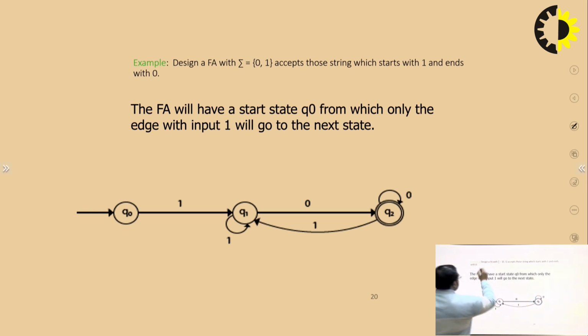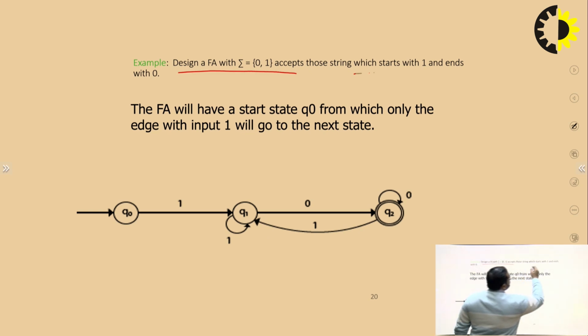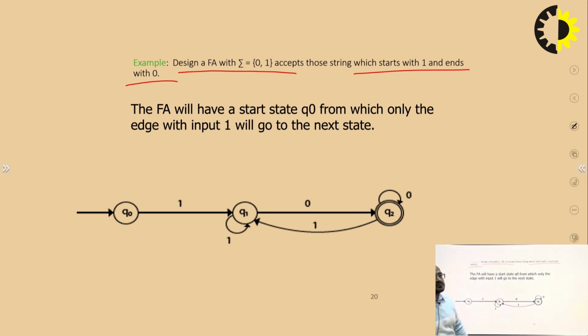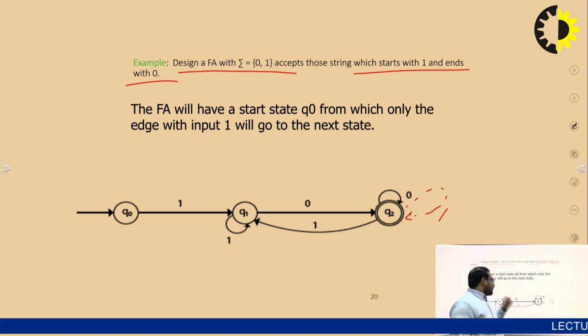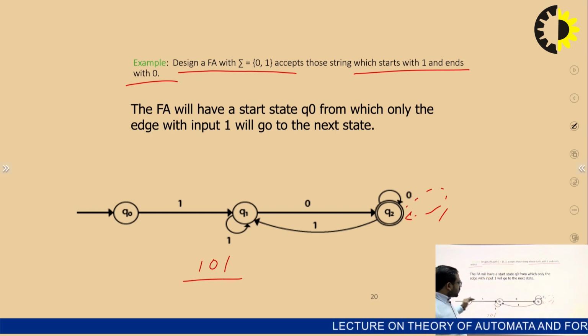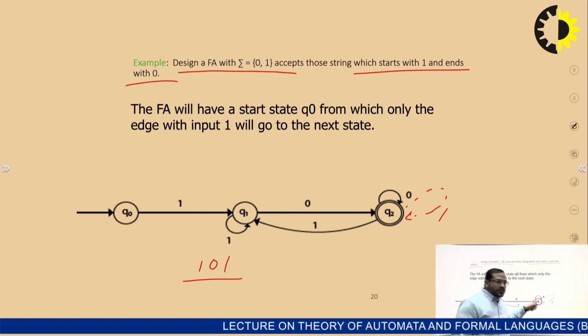For example, design a finite automaton over 0 and 1 which accepts strings that start with 1 and end with 0. When a string is given, the end is 0, so 0 can be added at the end. Suppose I write 1 as a self loop here. Then what will happen? The string 101 is also accepted here, since 101 is also at the final state.